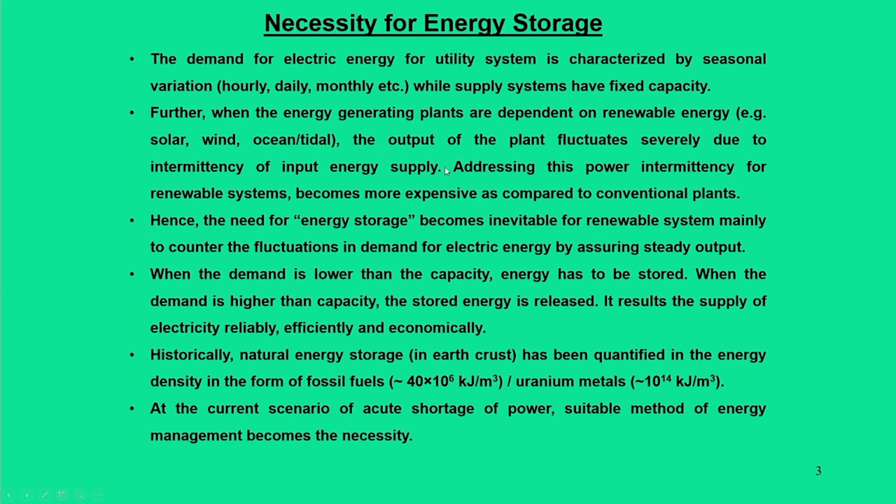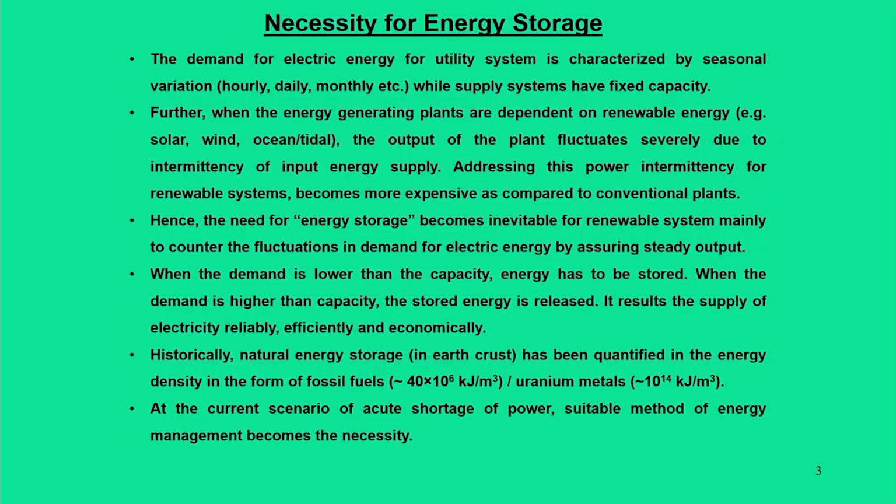This addresses power intermittency, a situation where we cannot provide power based on demand, which is normally not the case with conventional plants operated with fossil fuel or hydropower systems.